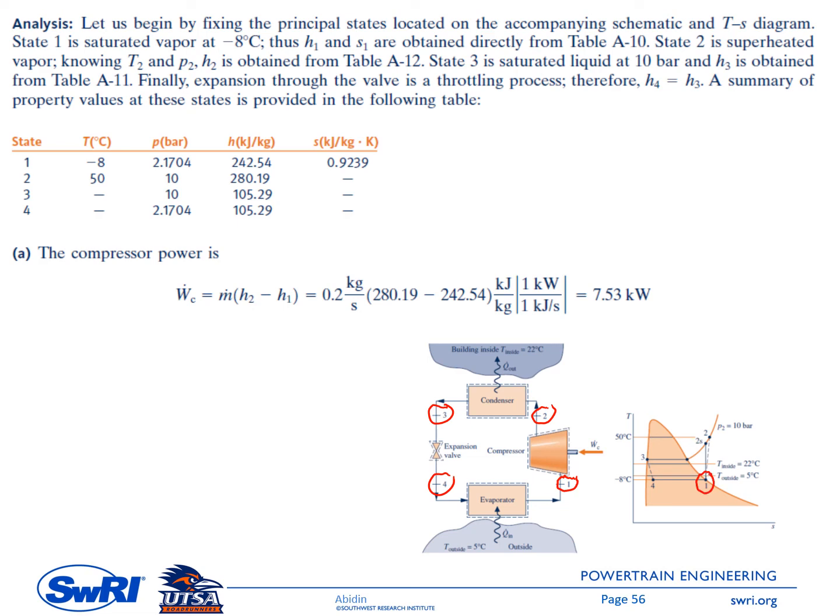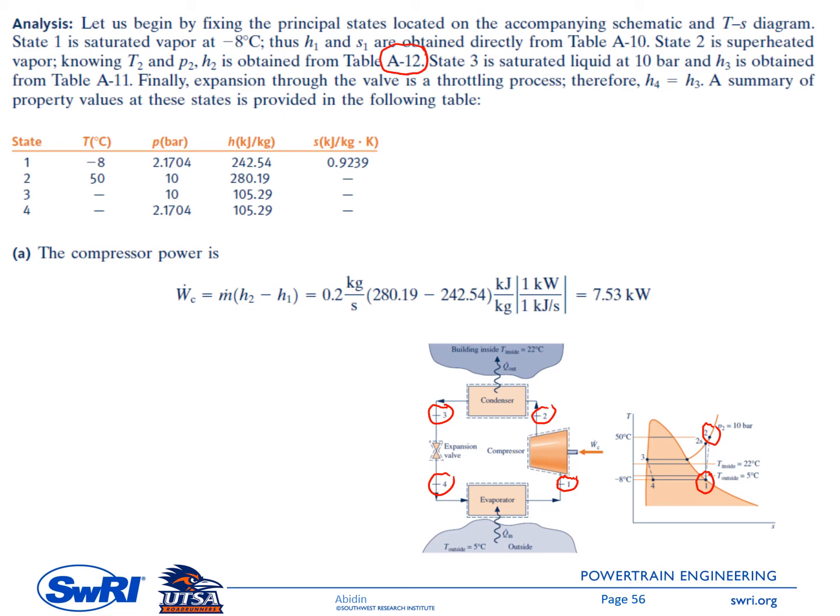So by using the saturated temperature table, you should be able to get H and S. And then state number 2, I think pressure and temperature are given, and this is superheated.